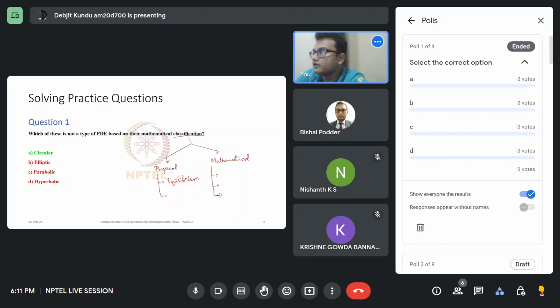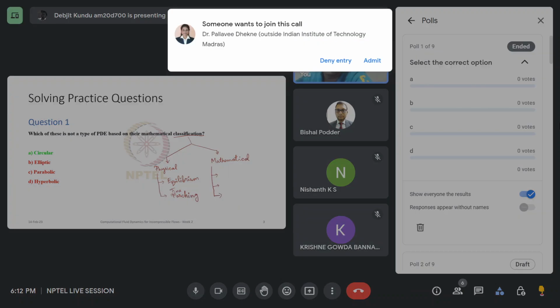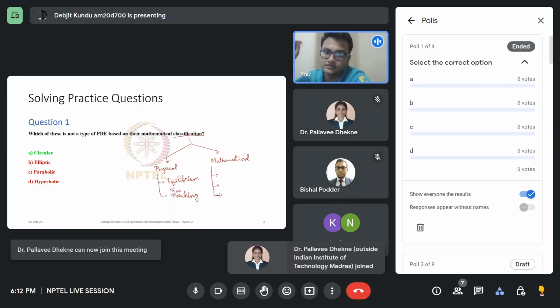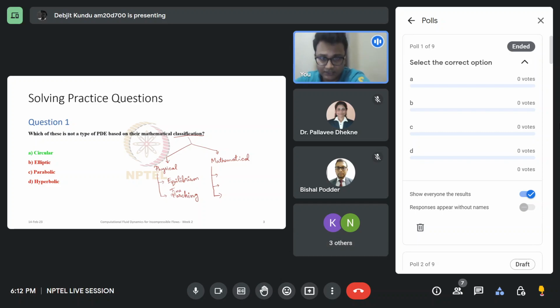So in the physical type of classification, there are two major categories: one is equilibrium and the other is marching. Marching is often called time marching because most commonly the independent variable in which the domain marches is time. But there are examples where it marches in other spatial directions also. It doesn't have to be time; it's just more commonly time.